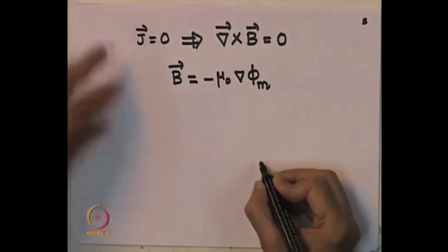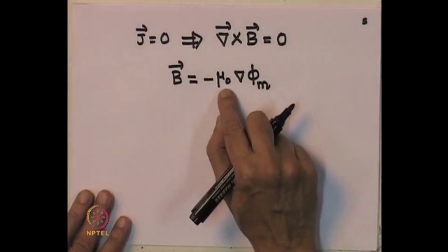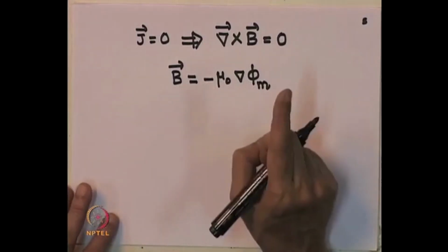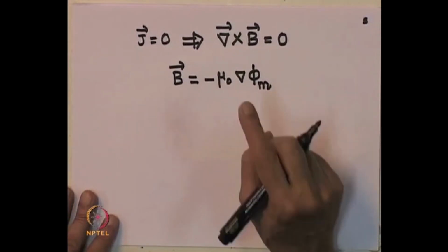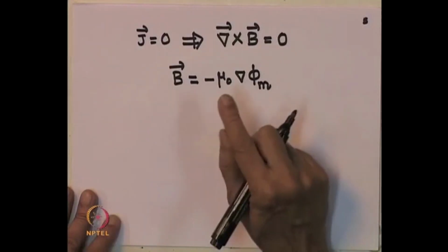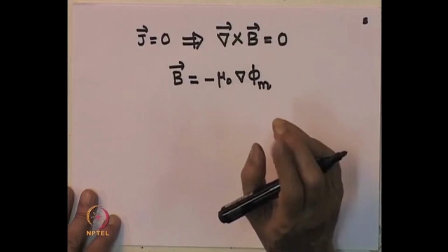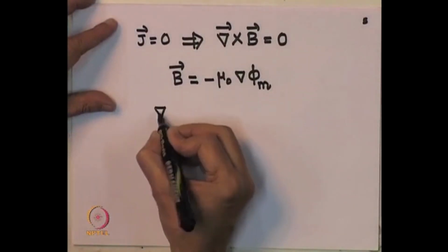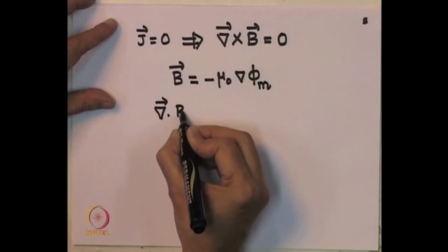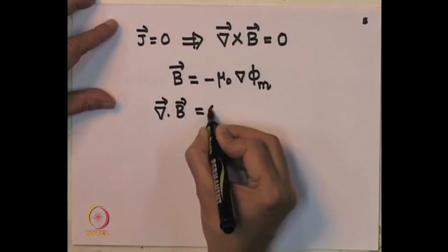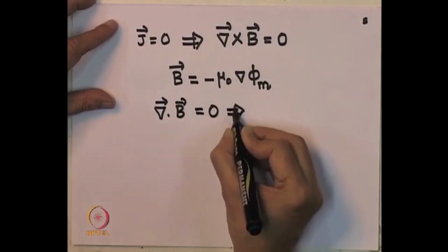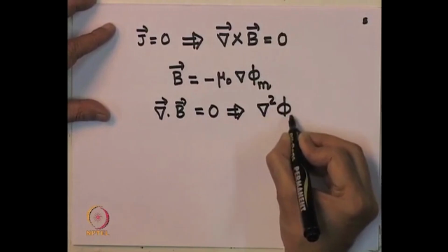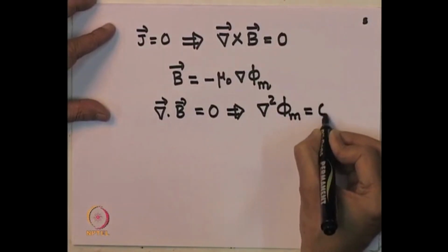For dimensional reasons, I put in a mu 0 there, and I retain the minus sign to have similarity with electrostatics, where we had defined the electric field as minus gradient of the potential. So, therefore, del dot B equal to 0, the Gauss's law, implies that the scalar potential satisfies a Laplace equation, del squared phi_m equal to 0.